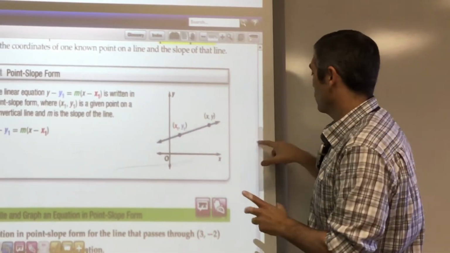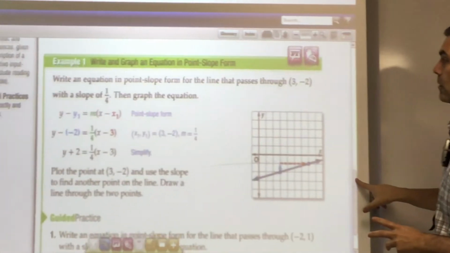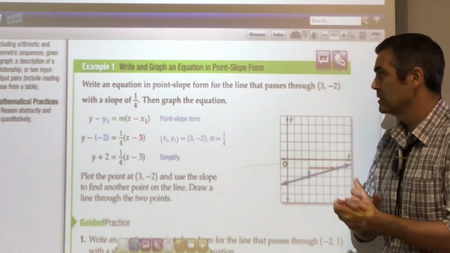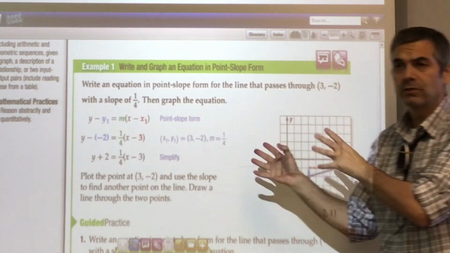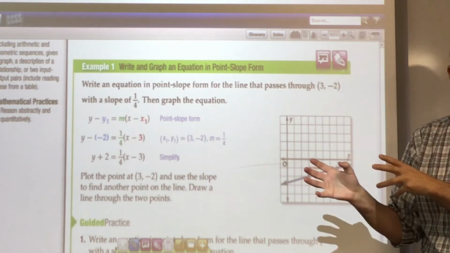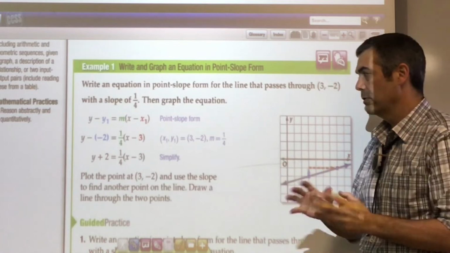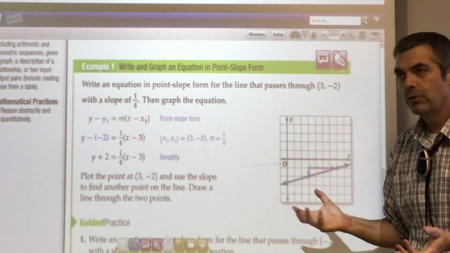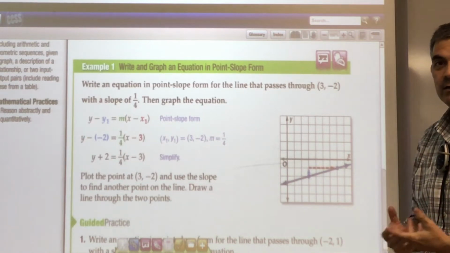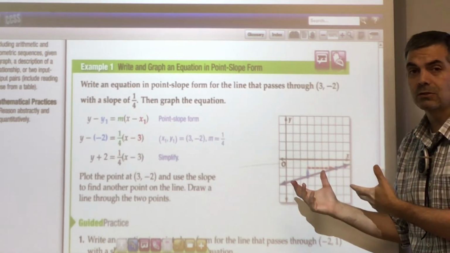We're going to look at how to write and graph an equation in point-slope form. Once you learn this form, it's really not bad. The first time you see it, you kind of go, oh, that's a lot. After that, you start to use it, and it starts making it a little bit easier.